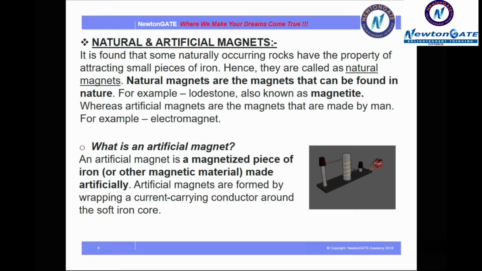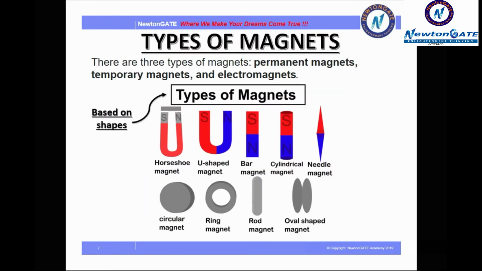How is it possible? It is possible because whenever current is flowing through the wire wrapped around it, the iron core itself becomes a magnet. So this is magnetization. Let's move to the next slide.